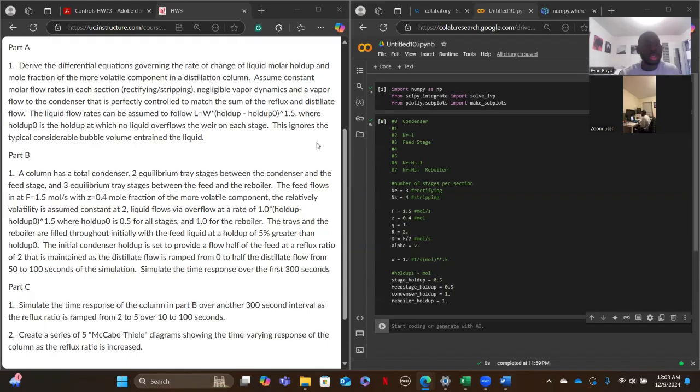So a column has a total condenser, two equilibrium trays between the condenser and the feed stage, which we have represented here. This is a representation of what our distillation column looks like, but I'll read the rest out. The feed stage and three equilibrium trays between the feed and the reboiler. The feed flows in at F equal to 1.5 moles per second with a mole fraction of 0.4 of the more volatile component.